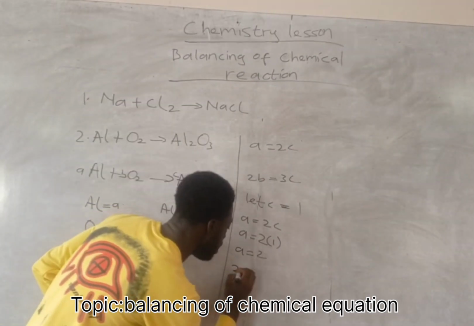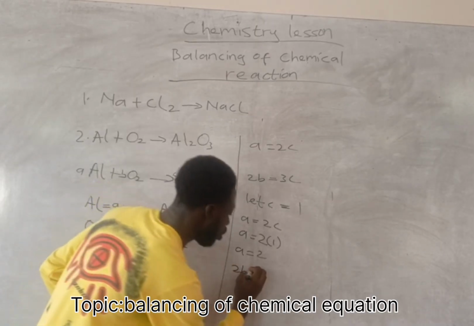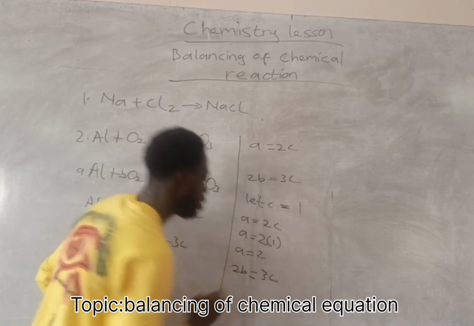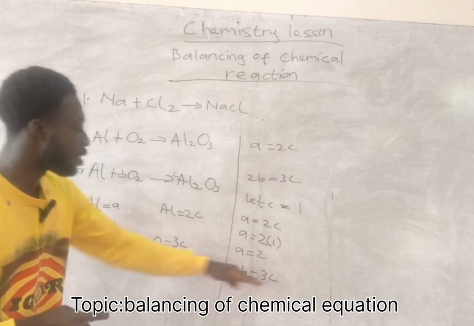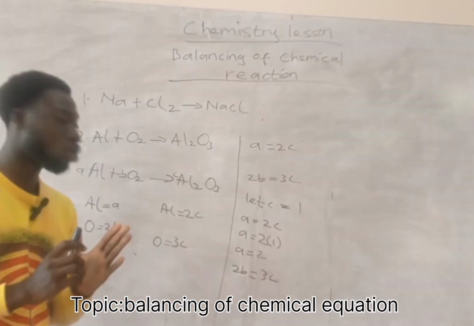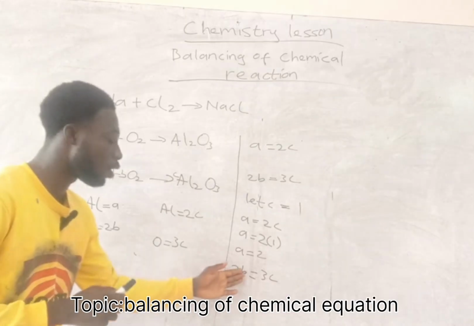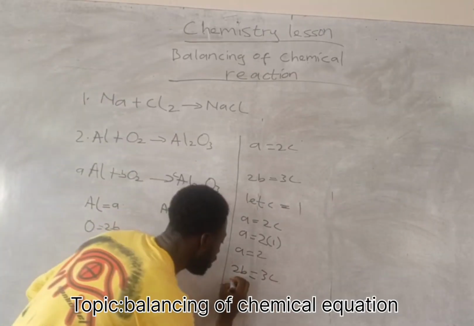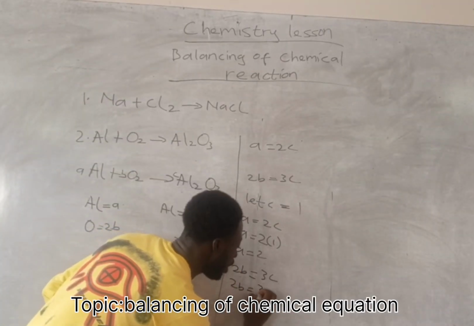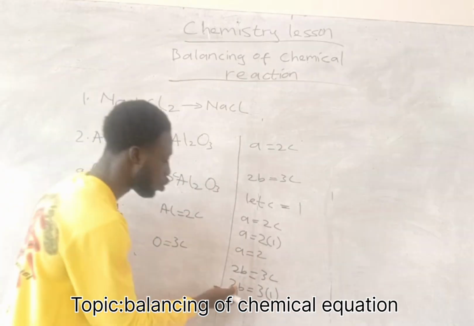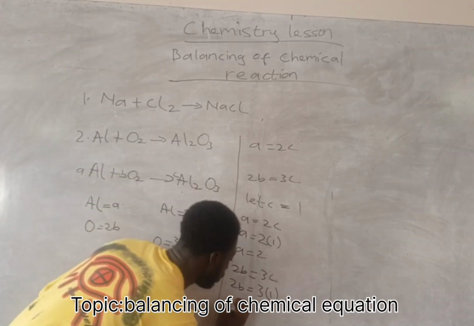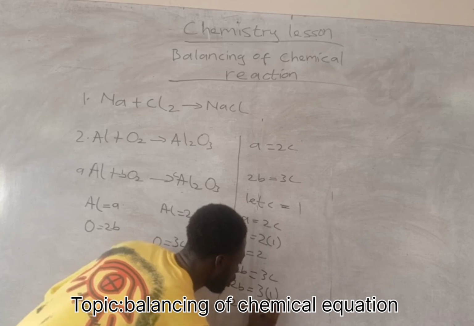Now let's go to the second equation. We have 2B is equal to 3C. All right. So I know that my C is 1, so I'm going to solve for the B. So 2B is equal to 3 times 1. Right. So 2B is equal to 3.